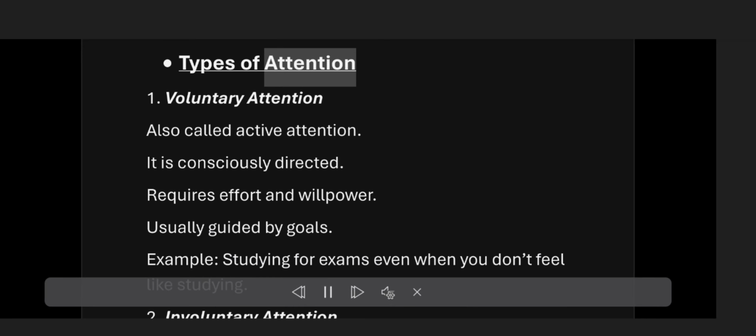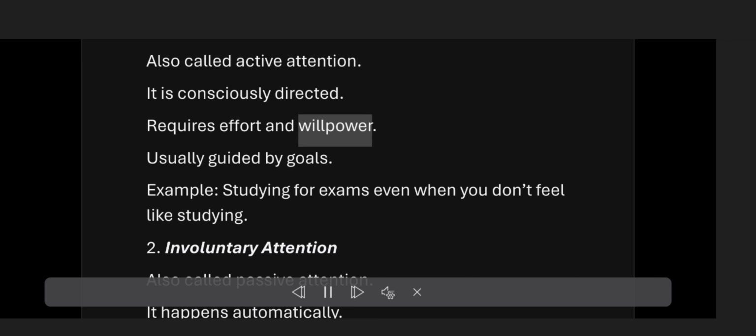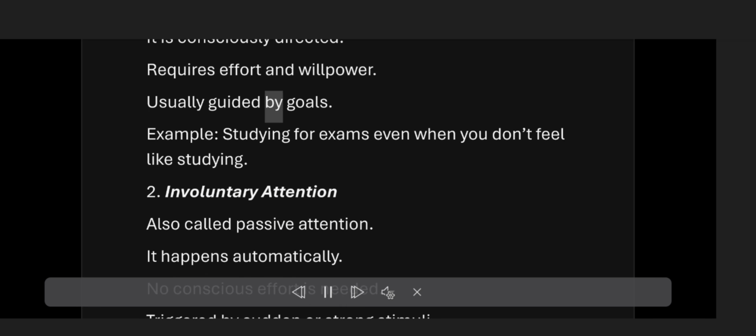Types of attention. 1. Voluntary attention, also called active attention. It is consciously directed. Requires effort and willpower. Usually guided by goals. Example, studying for exams even when you don't feel like studying. 2.